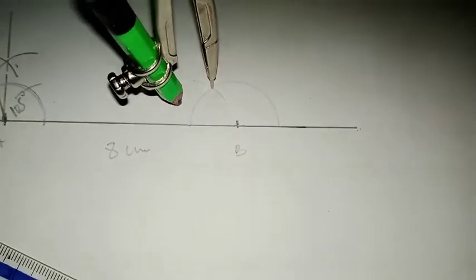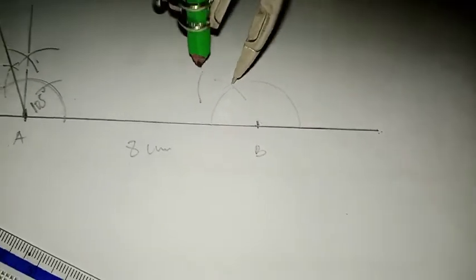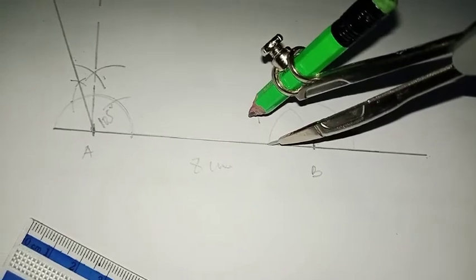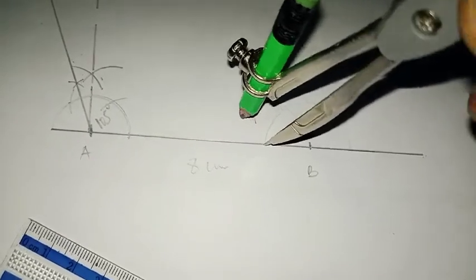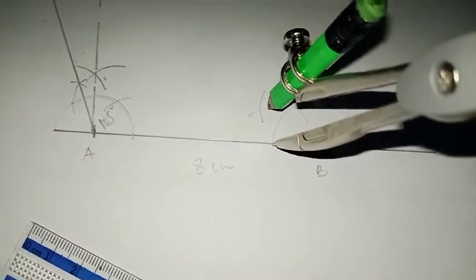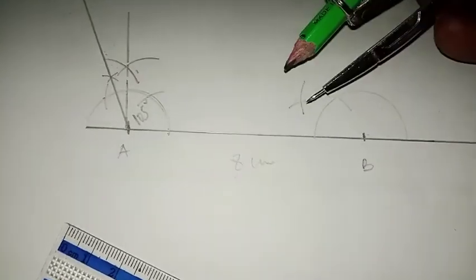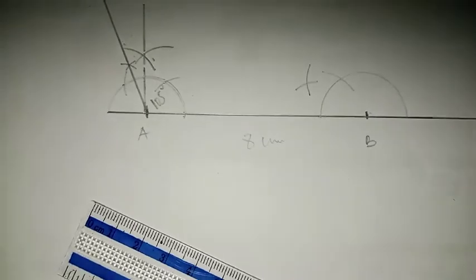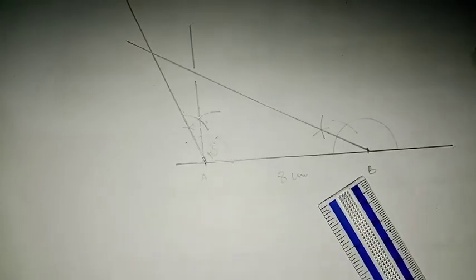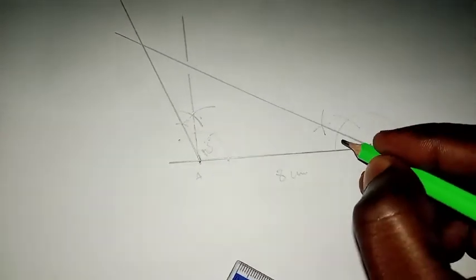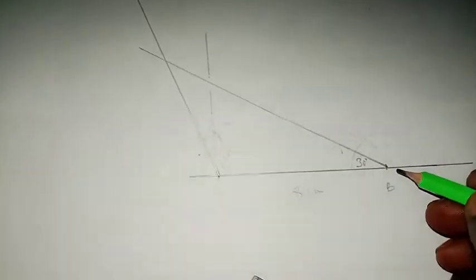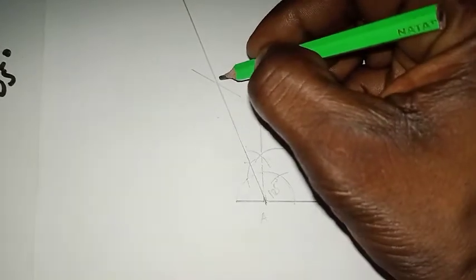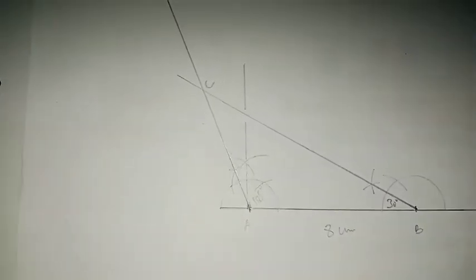Then you construct one arc here, and with the same radius come and stand here and cross that arc. So from this point to where we want to start is going to be 30 degrees. So this is what I had at the end. Here is a 30 degrees, and where this line passes and intersects this 105 degrees is going to be our C.